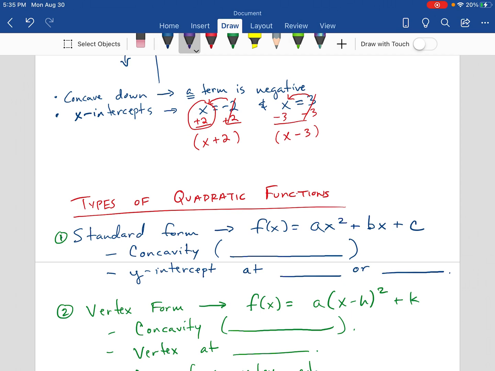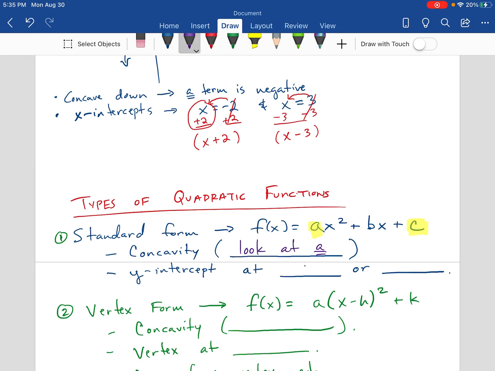Here you look at a, which I'm going to highlight, to tell you whether or not the graph is going up or down. So that's concavity. And the other piece of information is the y-intercept, and the y-intercept is your c term here.